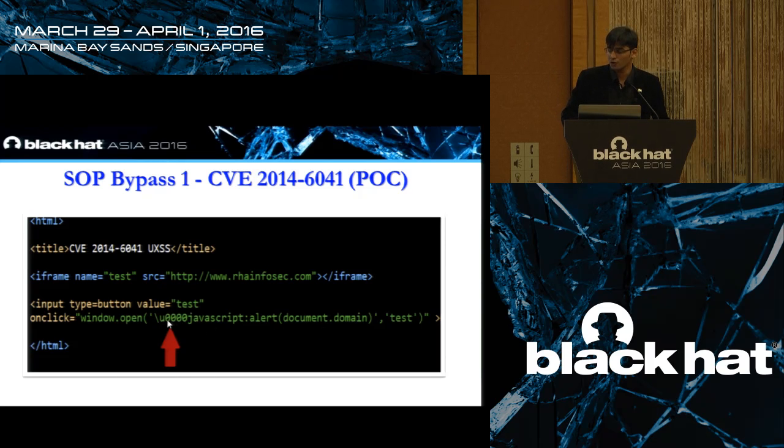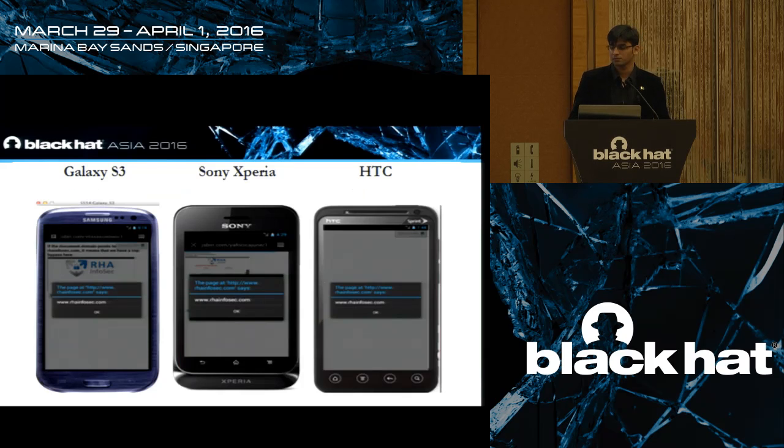However, what we are doing here is appending the null byte before the JavaScript scheme. So, due to how browsers parse null bytes and other control characters, it was possible by using a null byte to execute JavaScript in the context of rha-infosec.com. So these are examples of how the POC works.